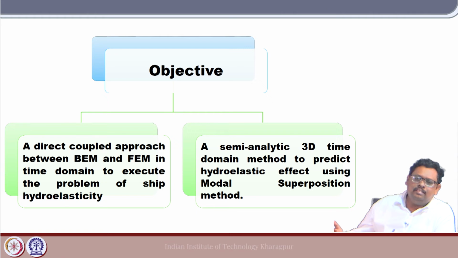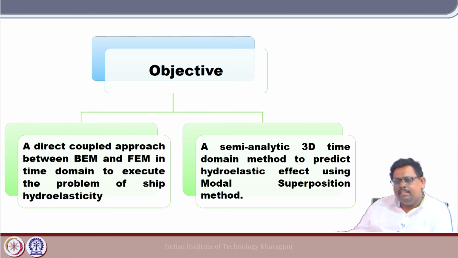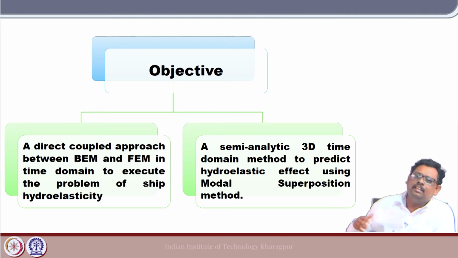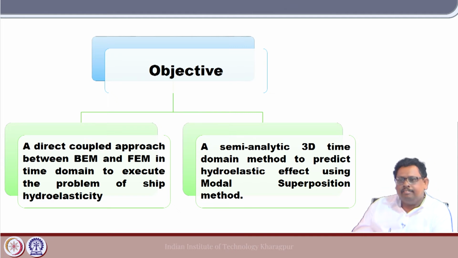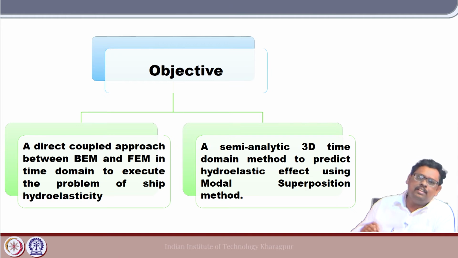Rather, the focus may be that I can get some kind of idea about what would be the range of the bending moment, what is the range of the shear force, and the stresses, etcetera. So, if your motivation is to get those things in the initial level, we really do not need to use this complicated or sophisticated panel method code or this numerical code.